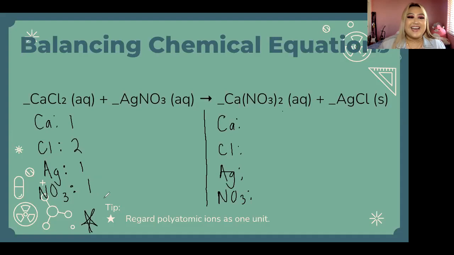On this side, we have 1 calcium, 1, then 2, 2. Perfect. So why would NO3 be 2? Because of the 2 that's next to the parentheses? Yeah, right here. For sure.